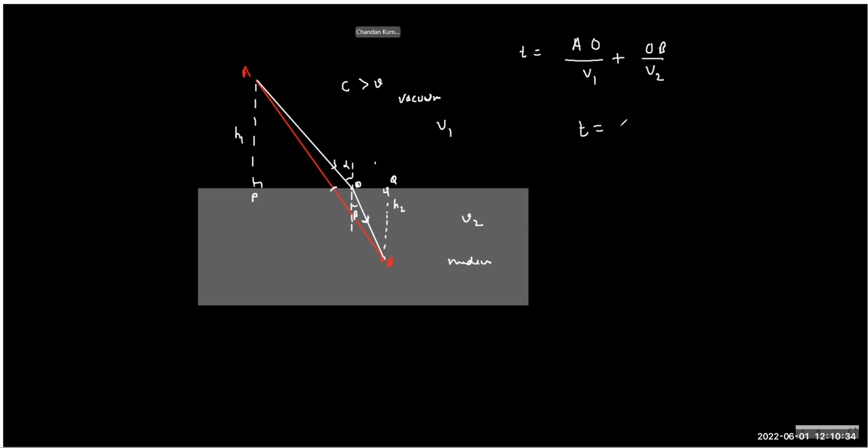And you can clearly see that AO is how much? H1 squared plus X squared. Again, you can do the same thing, X and D minus X.